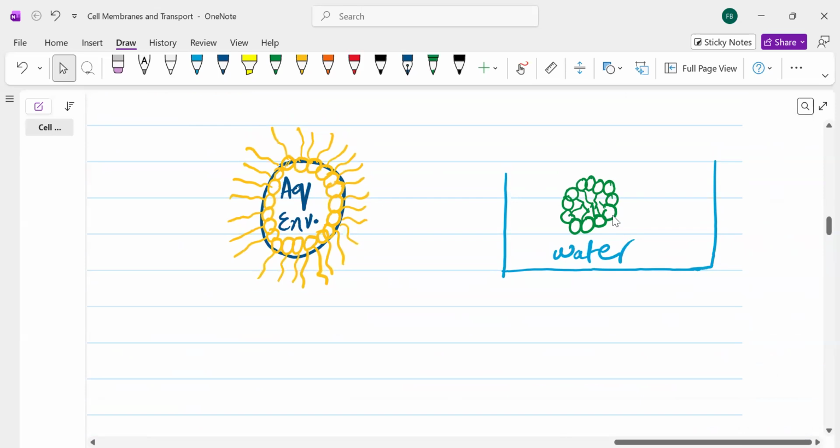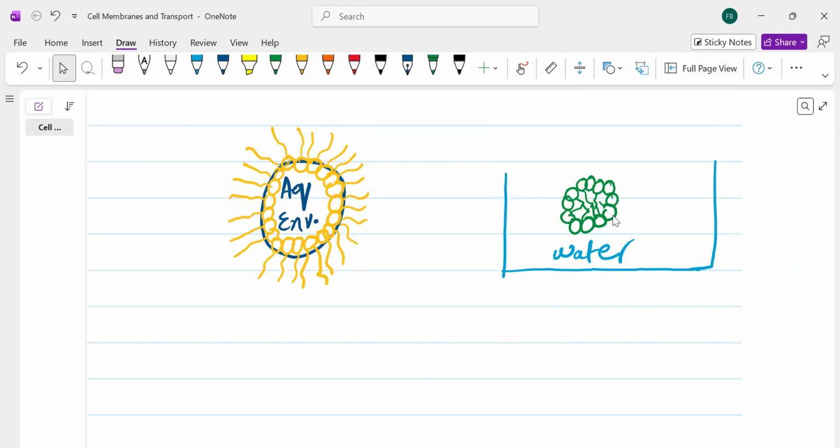Always remember this thing: the hydrophilic head of the phospholipid will always interact with the aqueous part, the polar part.